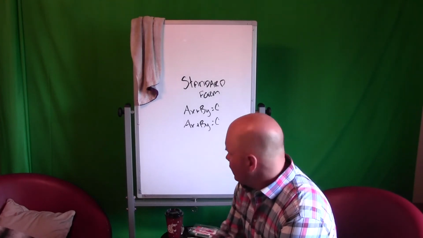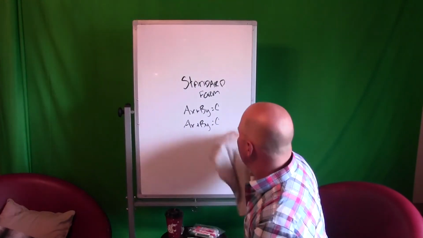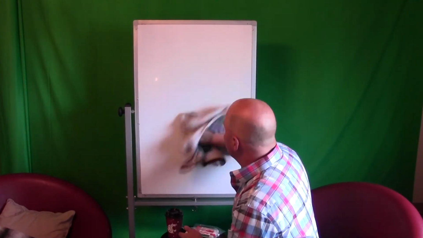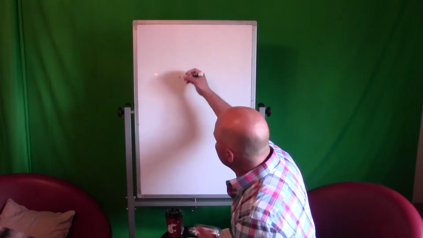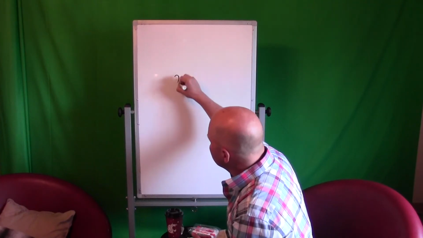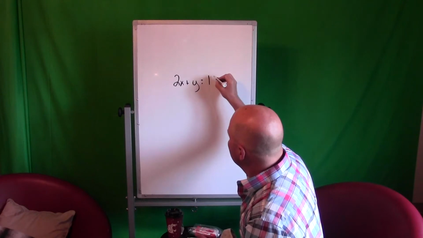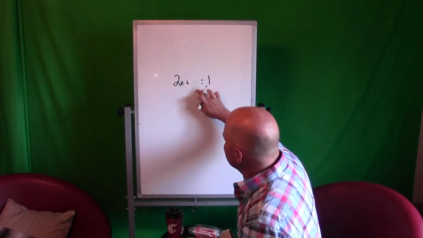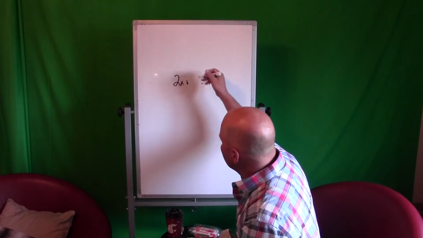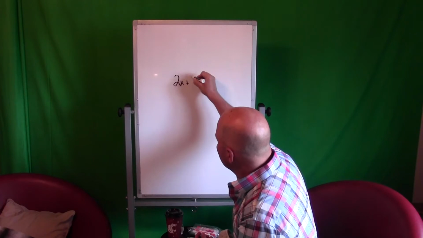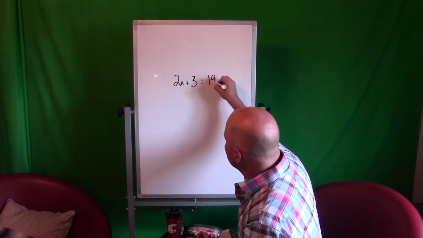So if I had an equation, let me erase this real quick. Let's say my equation is 2x plus 3 equals 19.